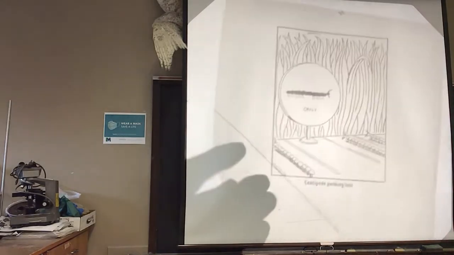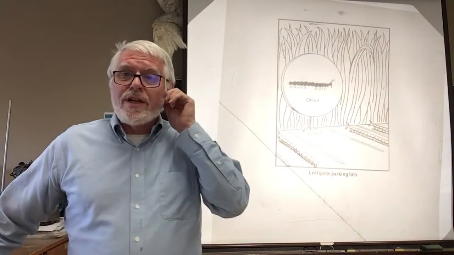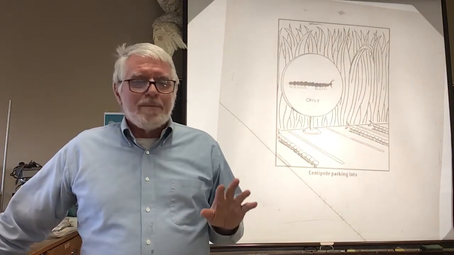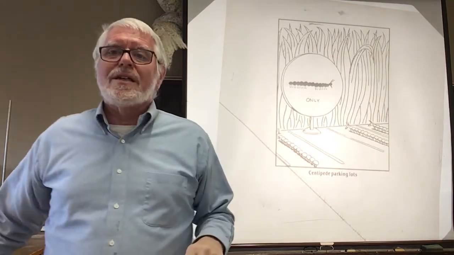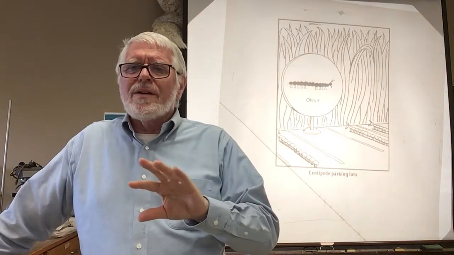Now we're looking at the mandibulates. The mandibulates are a pretty diverse group. There are a number of subgroups, but they do have mandibles, pinch, pinch, pinch, pinch, mouth parts. In the chelicerates, the mouth parts are modified.